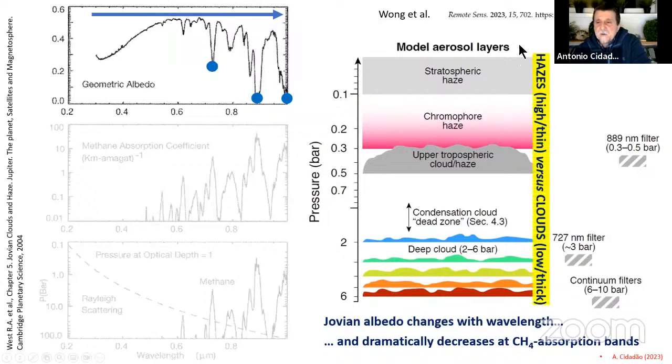Perhaps the reason for this is that the cloud levels that the methane filters preferentially probe, which are hazes and also of course high altitude, are usually thin, whereas clouds at low levels are much thicker and much more dense.